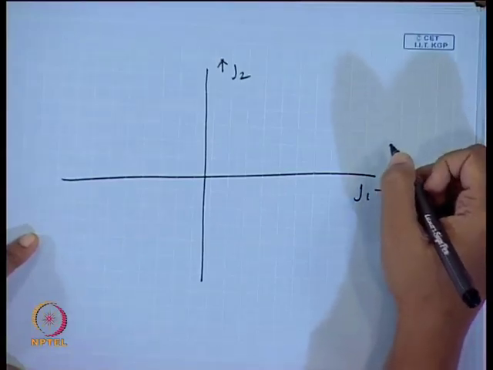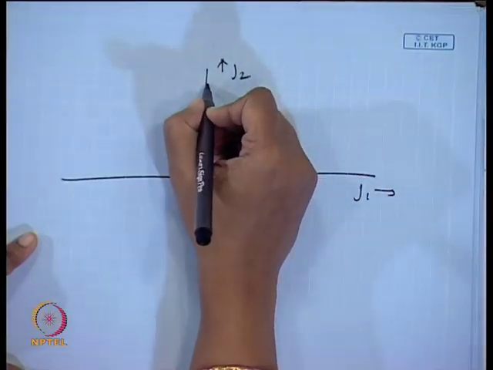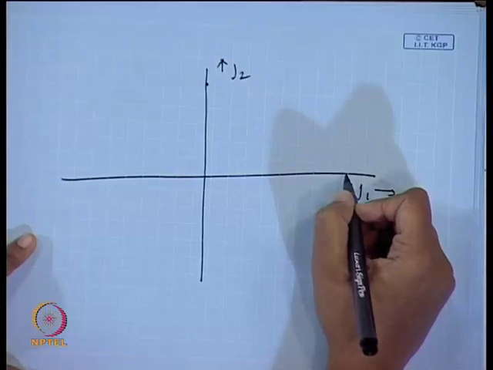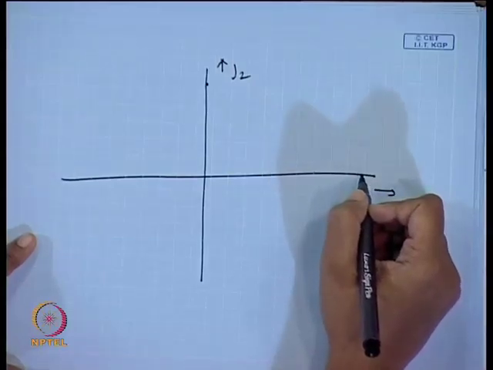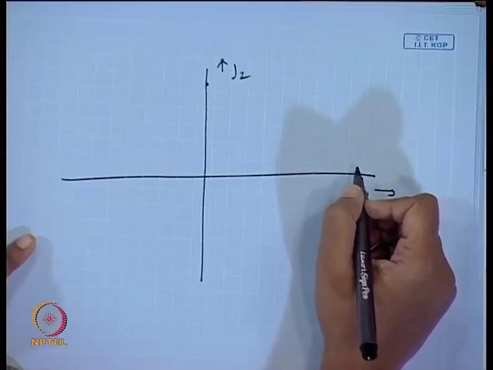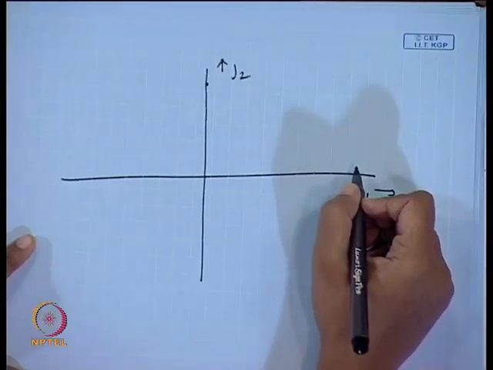Now, for a particular alpha, you tell me what will be the intercept on the x axis. X axis means J2 equal to 0. So, when J2 equals 0, what will be the intercept? The intercept is minus J21 by alpha.